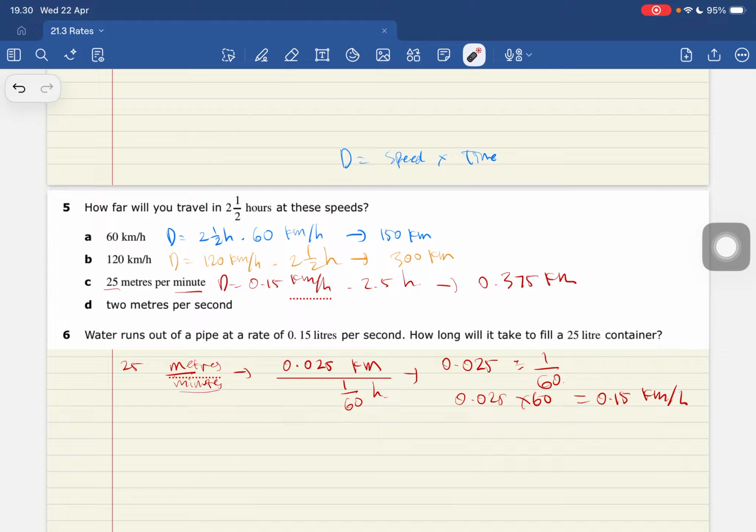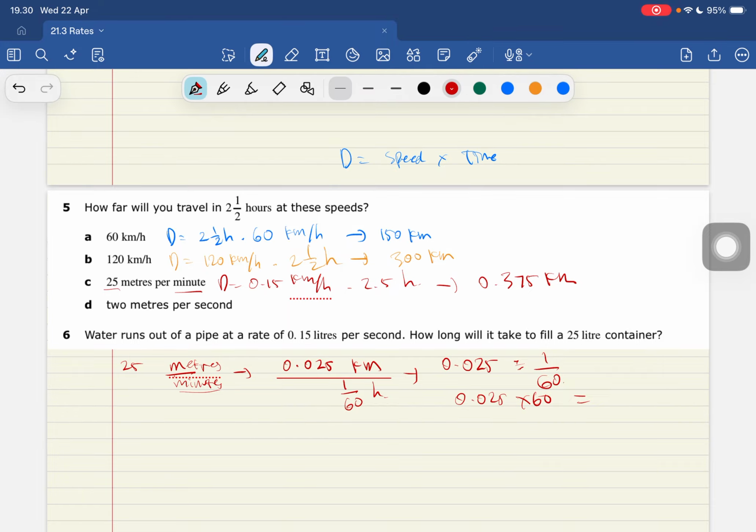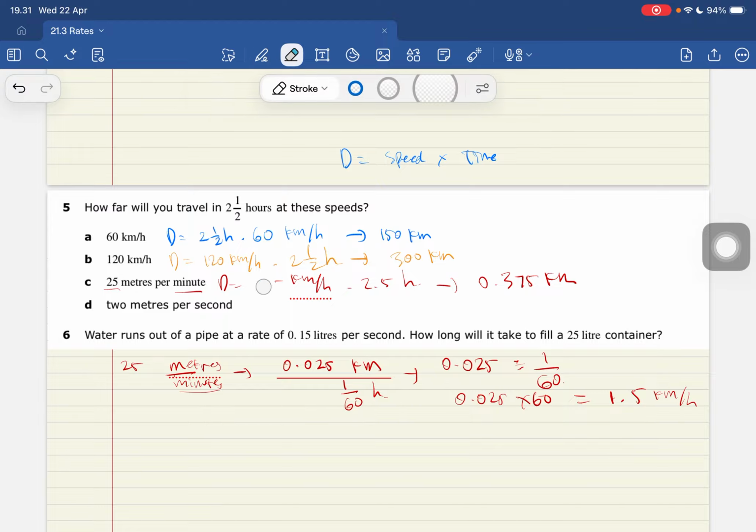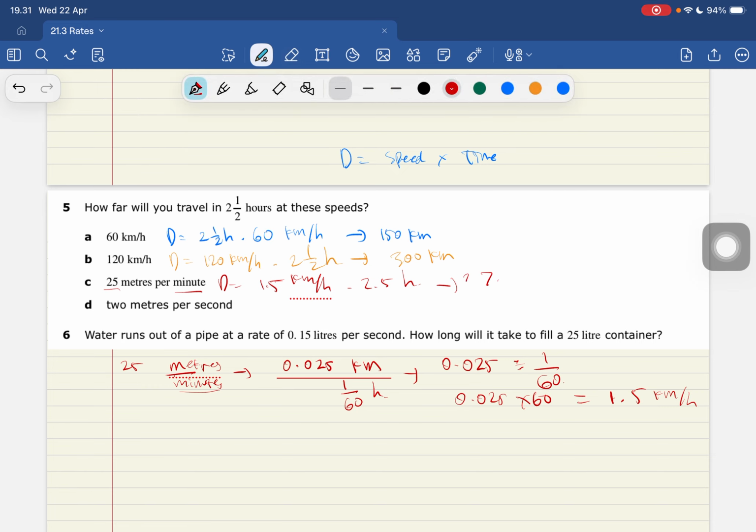Yeah, it's good. My bad, it's not 0.15, it has to be 1.5 kilometer per hour. So the distance is gonna be 3.75 kilometer.